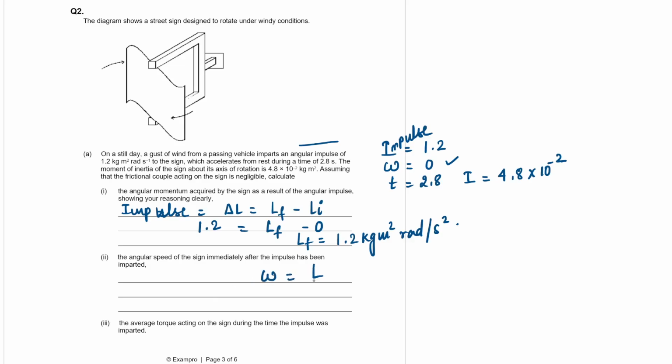You got the L, just divide L by I. 1.2 divided by 4.8 times 10 to the power minus 2 equals 25 radians per second. So that's my omega.